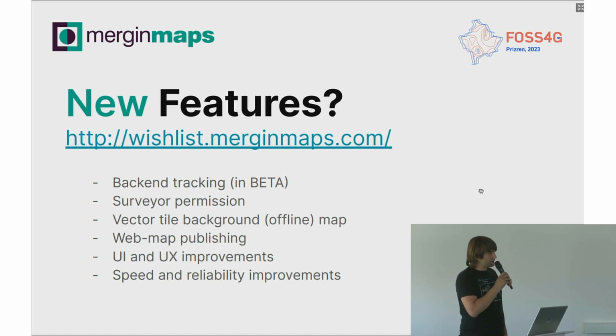We started this in beta, but it will be out in a week or a few weeks. We also want to work on surveyor permissions, which means you can allow someone to make changes in a field from the mobile app, but not from QGIS. And then we have the publishing, which I already mentioned.